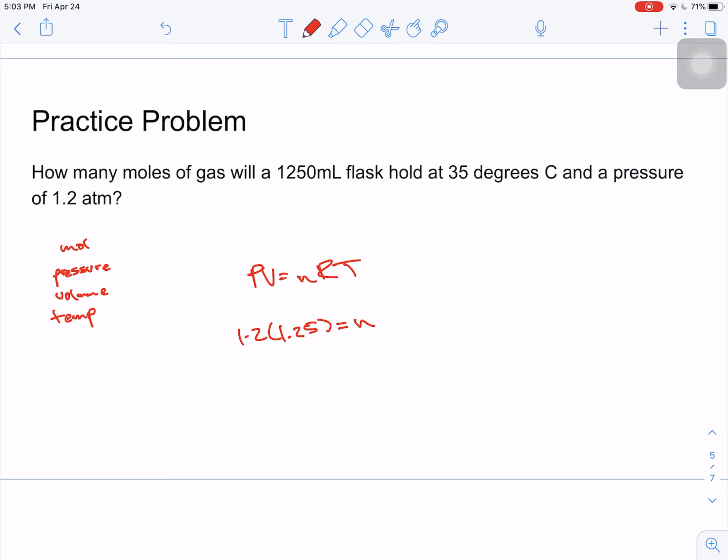Our R, because we have atmospheric, it's going to be 0.0826. And our temperature is 35 degrees Celsius, but we have to change that to Kelvin, so we have to add 273, and that is going to equal 308 Kelvin.